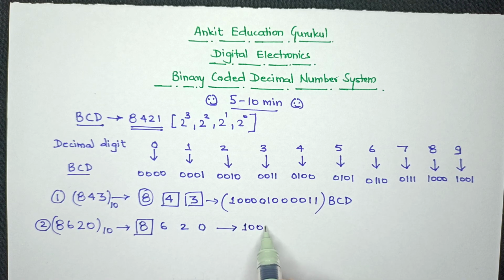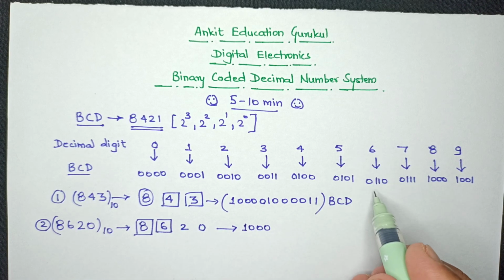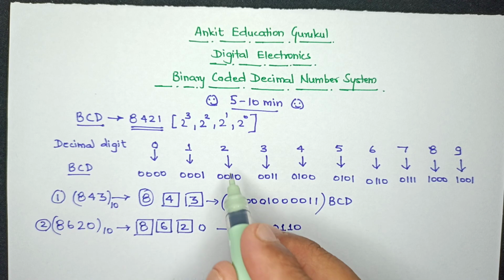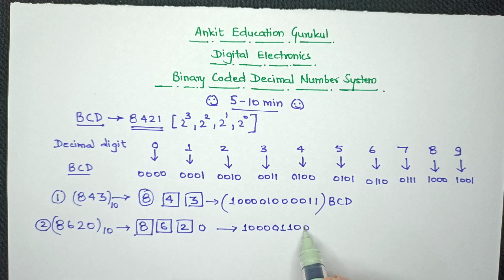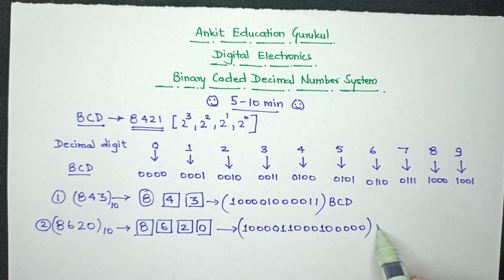Then we have 6, which is 0110. Then we have 2, which is 0010. And last we have a 0. Since all the numbers go in groups of 4, even 0 is accompanied by 4 zeros. So this right here is the BCD equivalent of this decimal number.